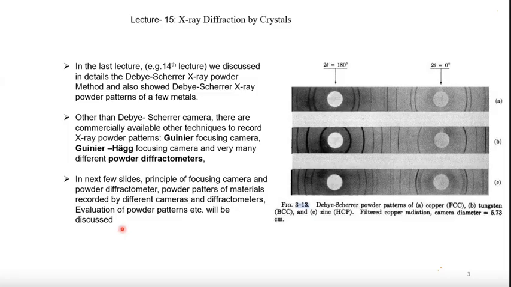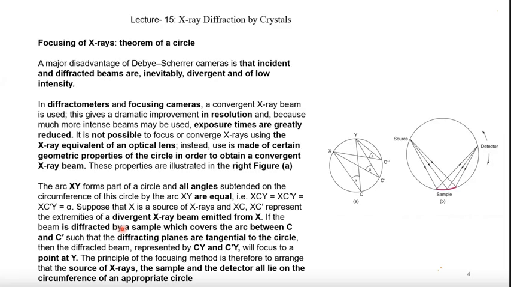Okay, the next slide is focusing of X-rays, the theorem of circles. That is what we have to talk about now. We know the disadvantage of Debye-Scherrer cameras: the incident and diffracted beams are divergent, and therefore the diffracted beams have low intensity. But in diffractometers and focusing cameras, a convergent X-ray beam is used.